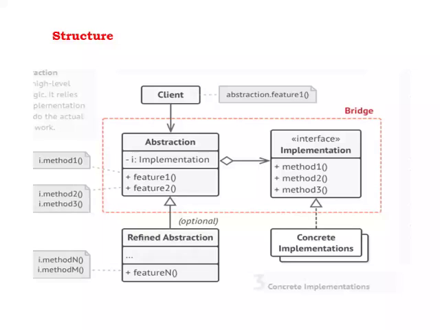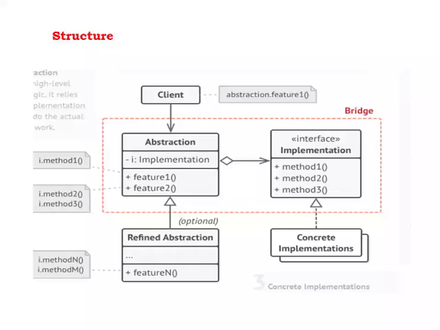The implementation is an interface which declares what's common for all concrete implementations. An abstraction can only communicate with an implementation object via methods that are declared here.